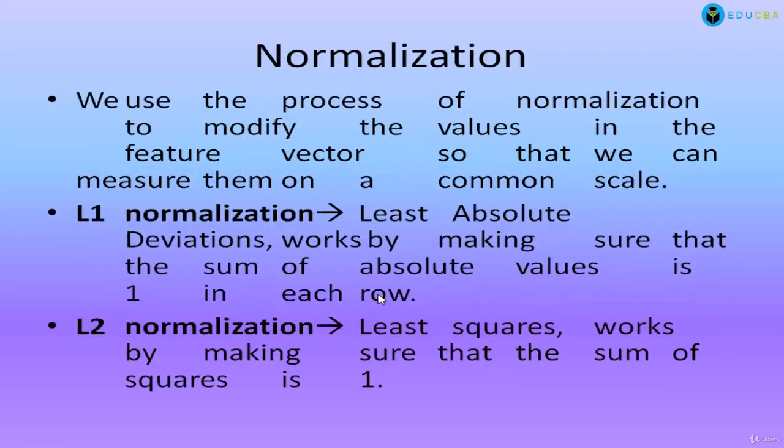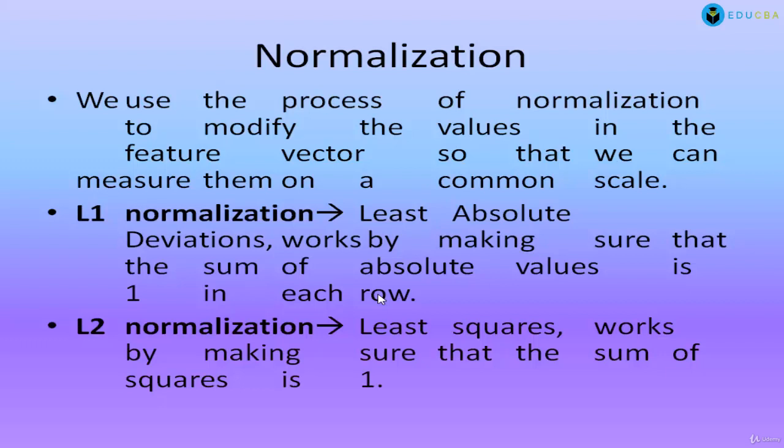Next is normalization. We use the process of normalization to modify the values in the feature vector so that we can measure them on a common scale. That is, we can use a common scale for measuring them. That is the normalization process.